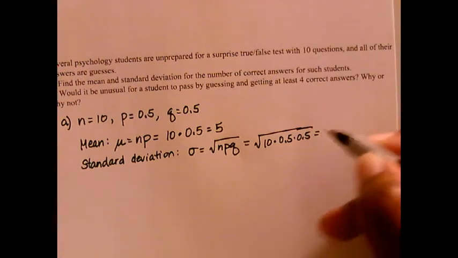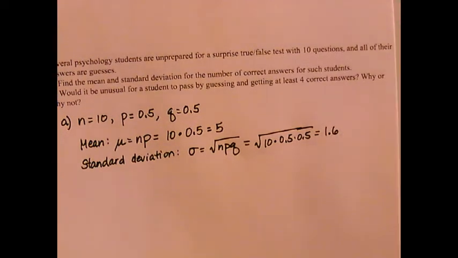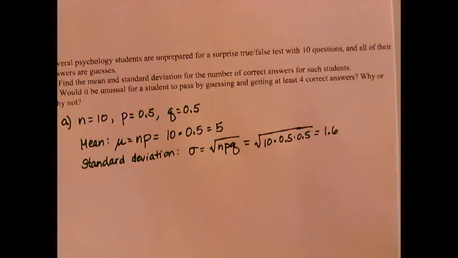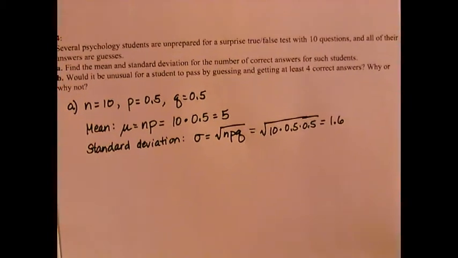And all of this is underneath a radical. And I think I did an example like this before, so your standard deviation here will be 1.6. When you take the square root of 10 times 0.5 times 0.5, it'll end up being 1.6. So your standard deviation is 1.6, and the mean is going to be 5.